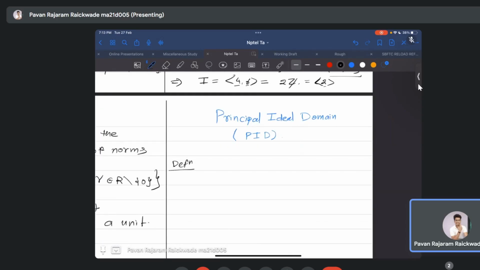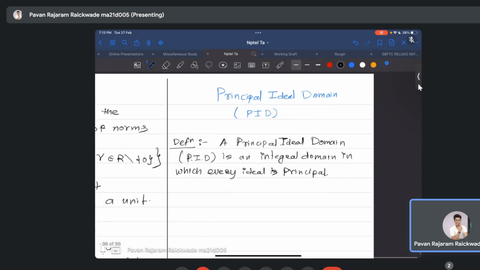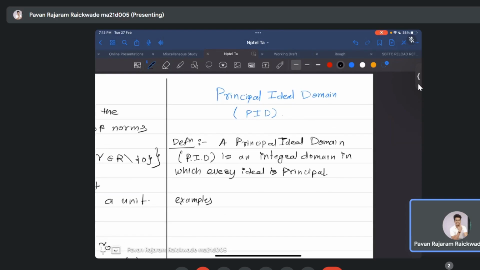Definition: a principal ideal domain, PID, is an integral domain in which every ideal is principal.